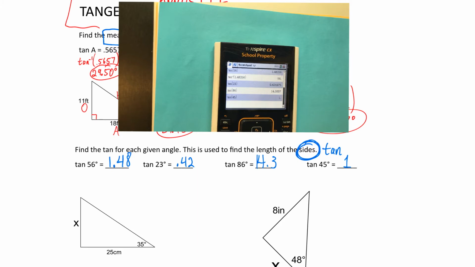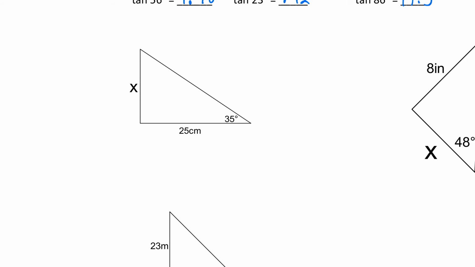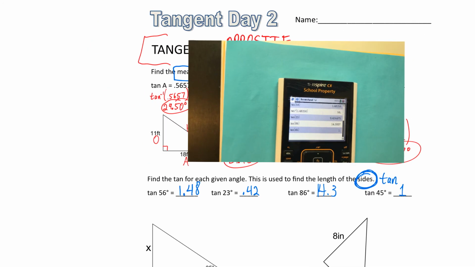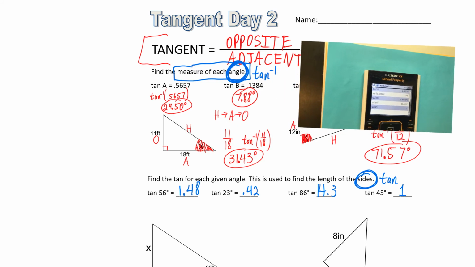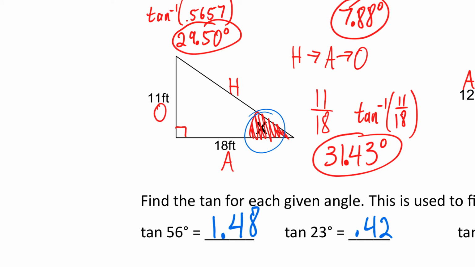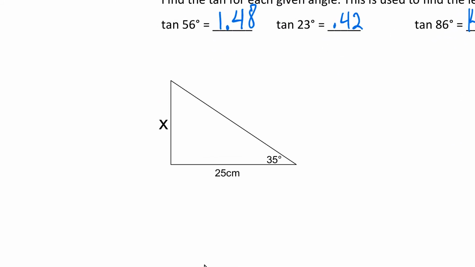Okay, so down here on the bottom now. Up here, notice what was happening. On these, we were looking for the measurement of the angles. See that right here? I was looking for the angle. Down here at the bottom, I'm not looking for the angle. I'm looking for a side.